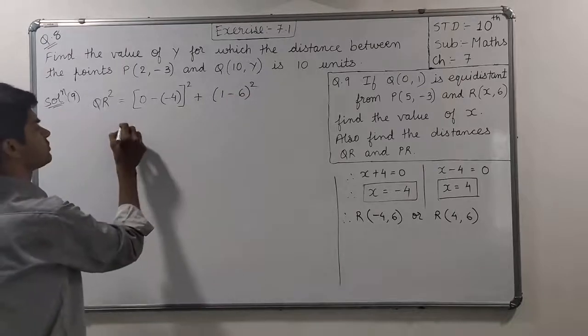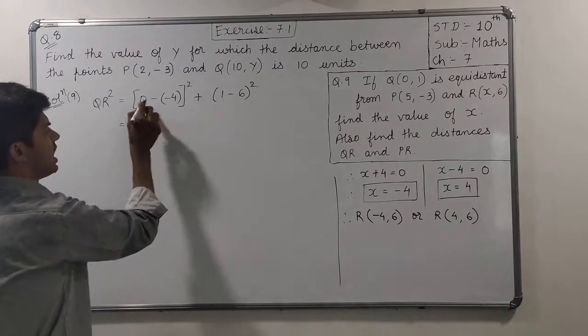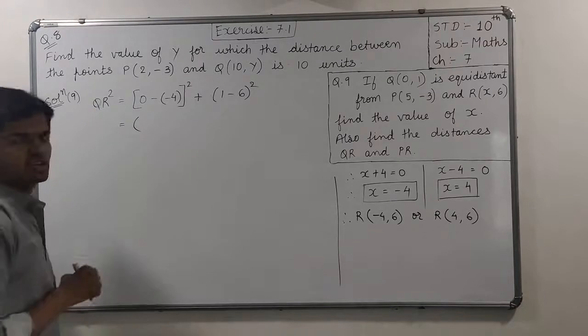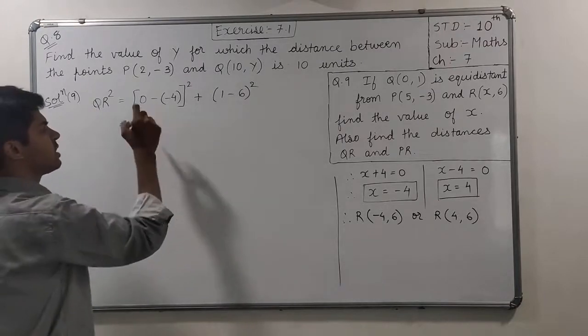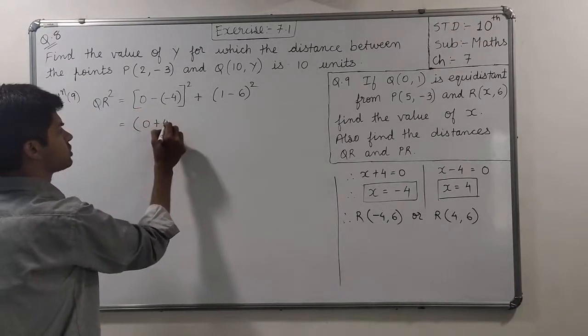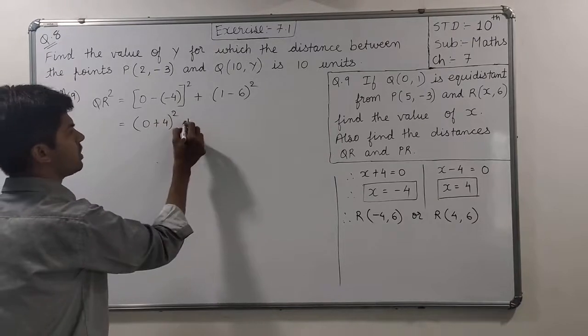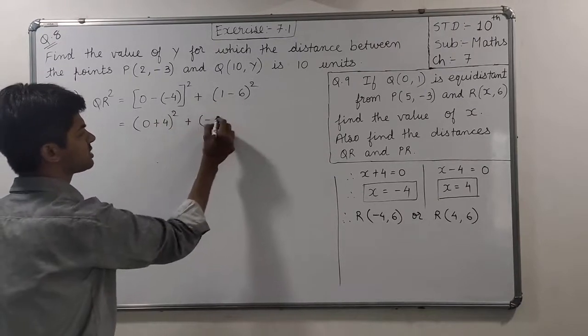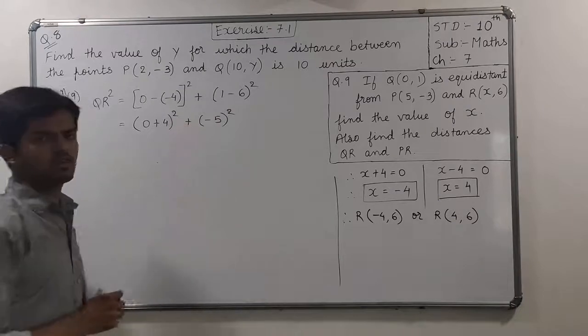Let us solve this. What will come as the answer of QR square? 0 minus minus is plus 4. So 0 plus 4 whole square plus 1 minus 6, it means minus 5 whole square.